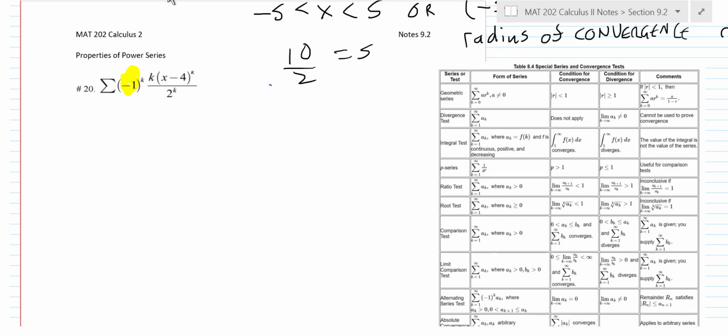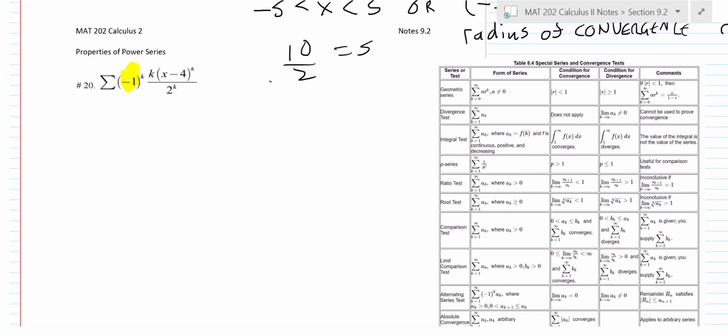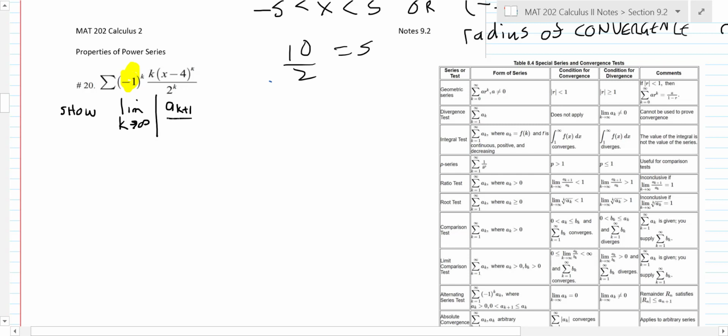So what we're going to go ahead and begin to do with this now is find the radius of convergence and everything here. So to begin with, what we generally want to do on this is we want to show this. This is ultimately what we're looking at. We want to show that the limit as k goes to infinity of the absolute value, this is like a ratio, a sub k plus 1 over a sub k, like you're doing a ratio test, is less than 1.